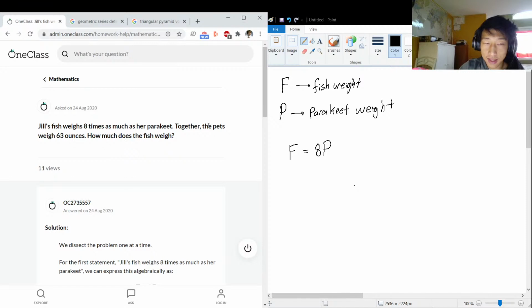Okay, together the pets are 63 ounces. So 63 ounces is equal to the weight of the fish plus the weight of the parakeet.